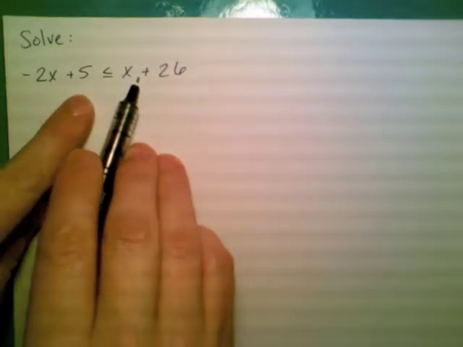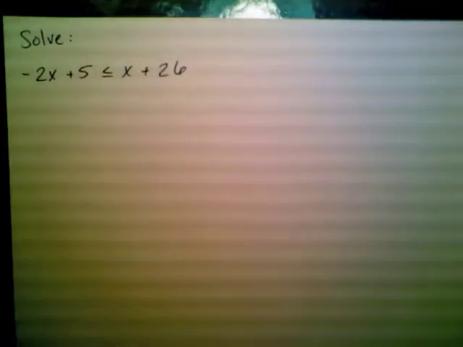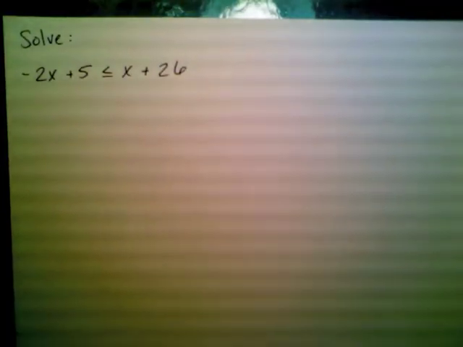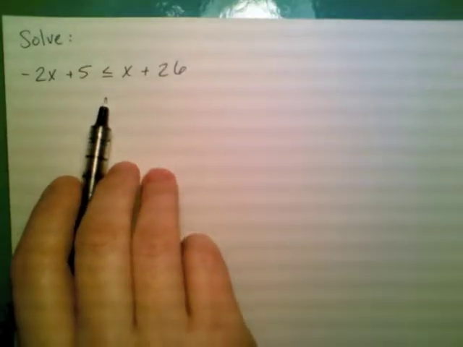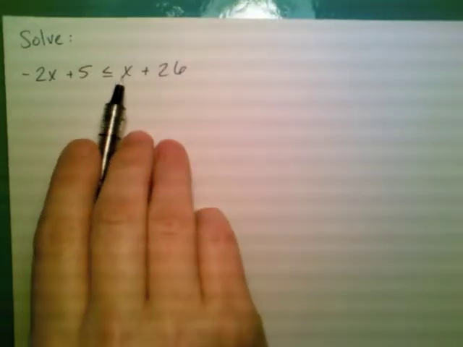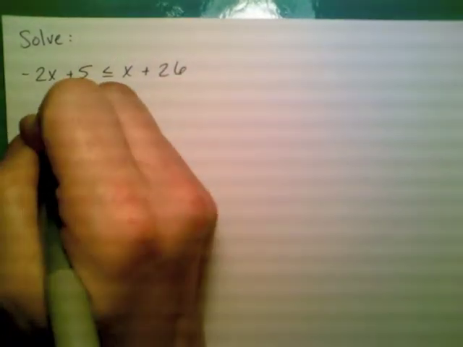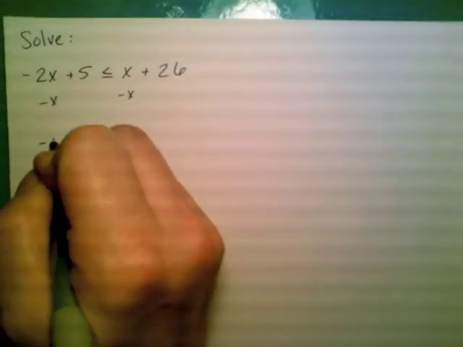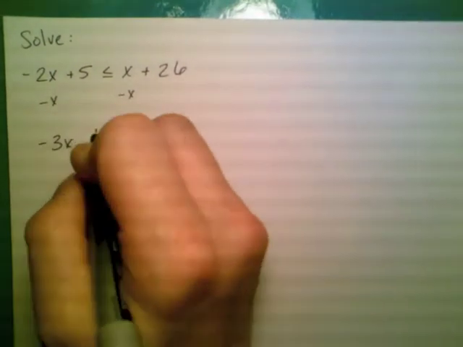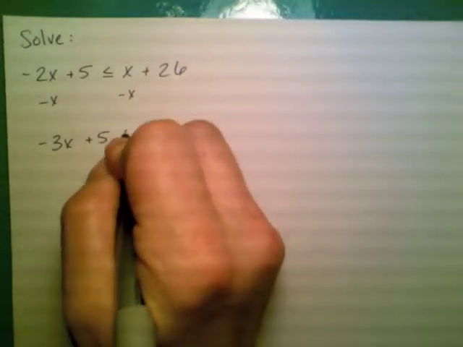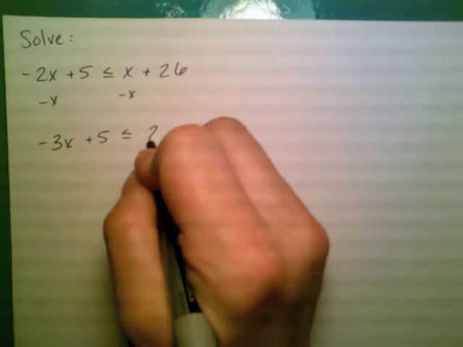Now you would be flipping the entire inequality over at the end, but some people find that easier. I am going to move this x to be over with this 2x, so I'm subtracting x from both sides, which gives me a negative 3x. Remember, I don't flip the inequality when I subtract.